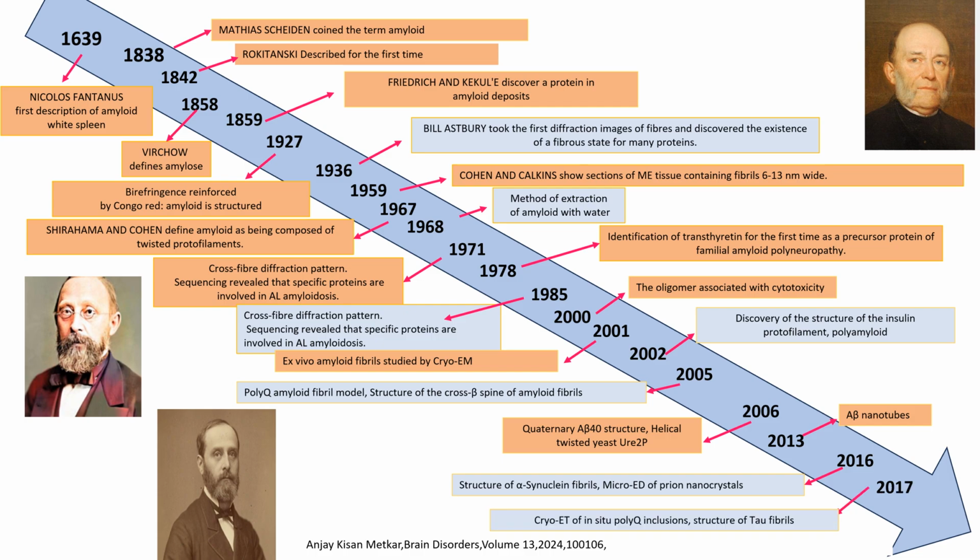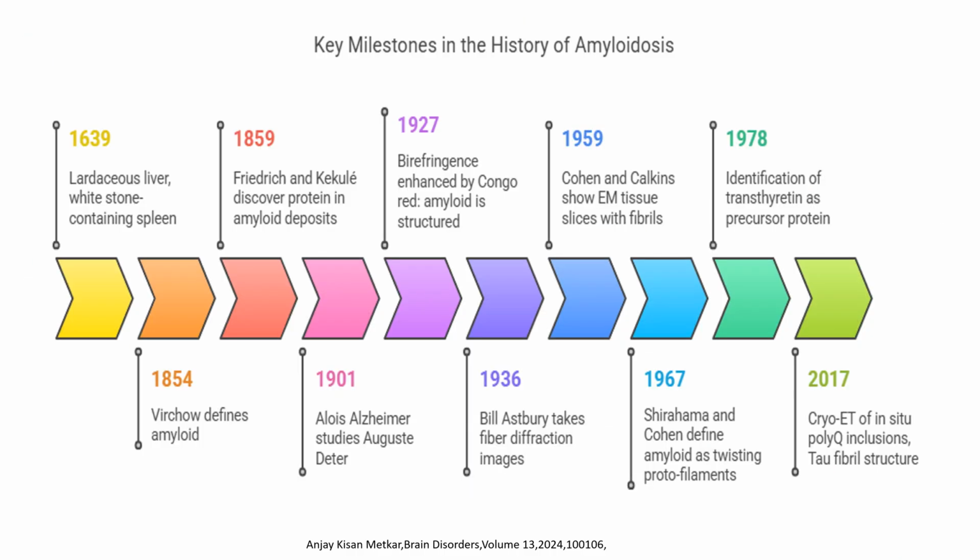And 2017, cryo-electron microscopy of in situ poly-Q inclusion, structure of tau fibers. Key milestones in the history of amyloidosis.